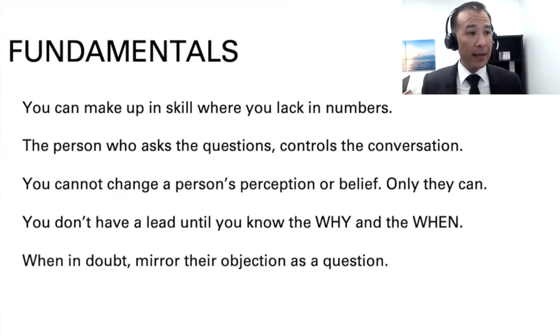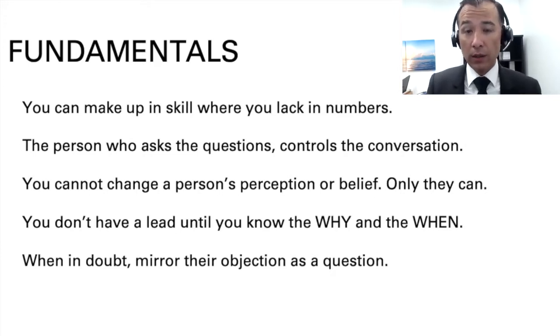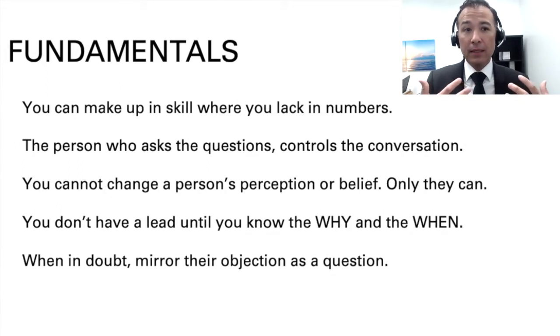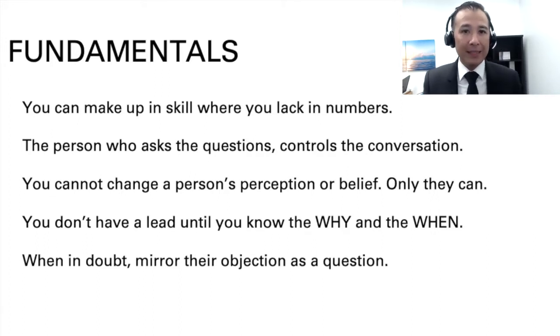And then when in doubt, mirror their objection as a question or mirror their question as a question, right? Because this is something you can actually build drama in. This is how you can control a conversation, or it's something you can use to buy time. There is going to be some time where a conversation is going down a certain path and they might say something that you don't know how to respond to.